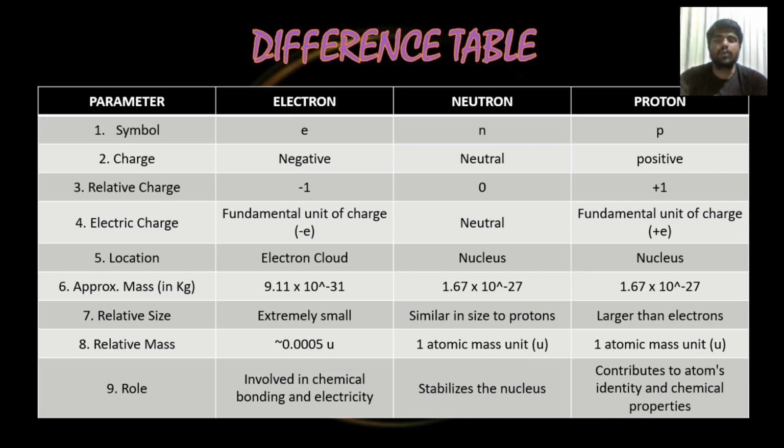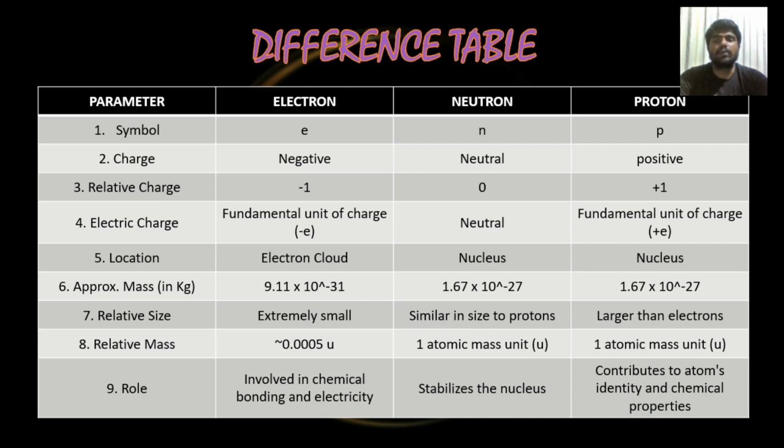Relative size. Electrons are extremely small, neutrons are similar in size to protons, and protons are larger than electrons. Relative mass. Electrons have very little mass as compared to the protons and neutrons, and thus proton and neutron are considered to have one atomic mass unit each, one particle.